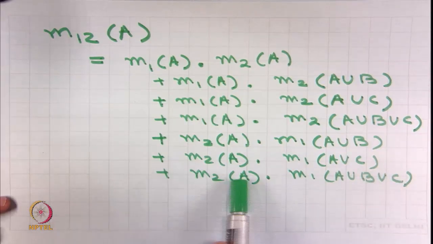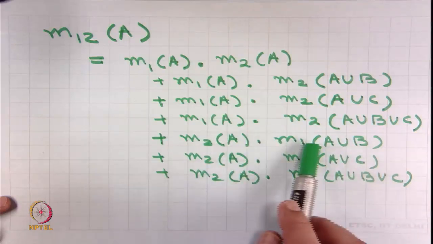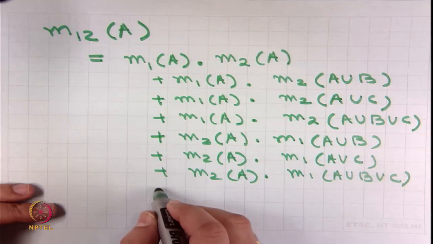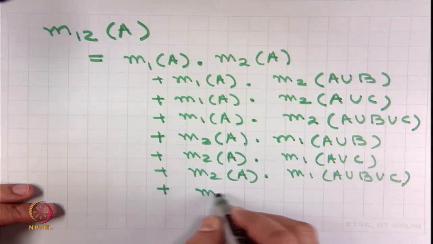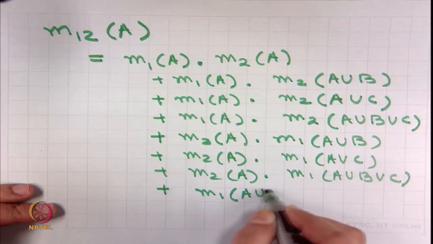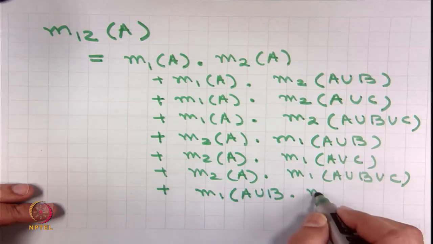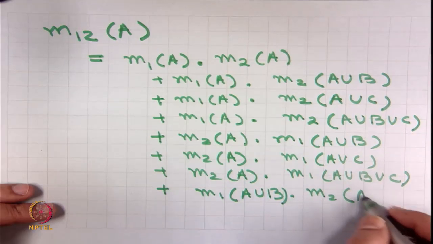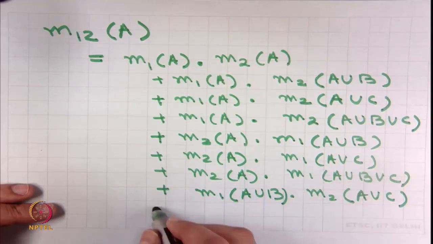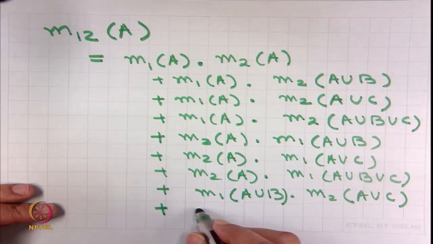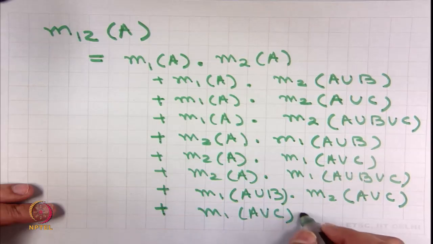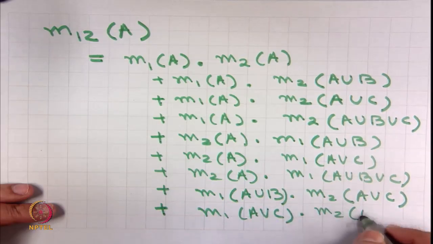So, note that each time the pair you are choosing, the intersection is going to be A, plus M1(A union B) dot M2(A union C) plus M1(A union C) dot M2(A union B).